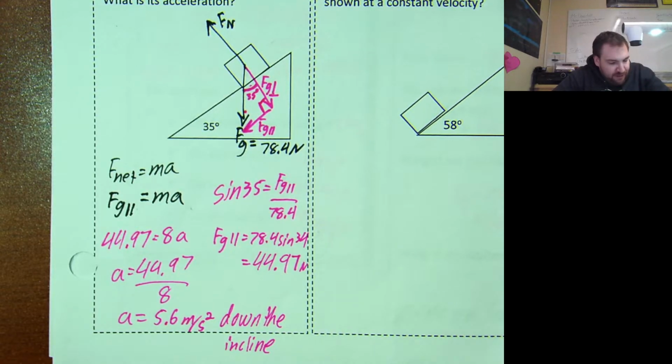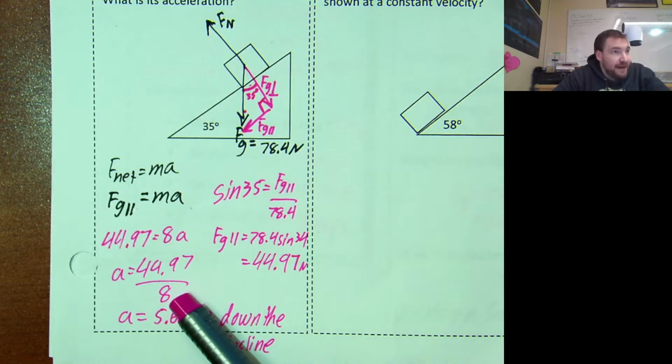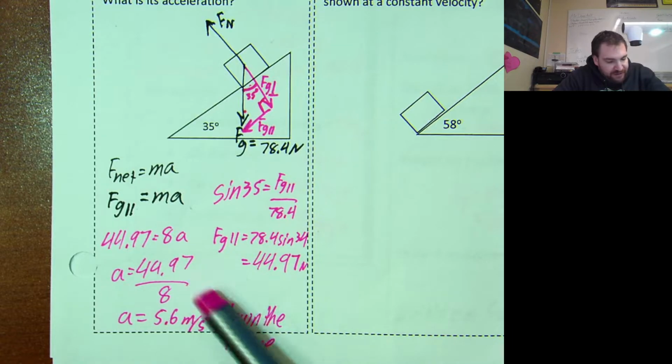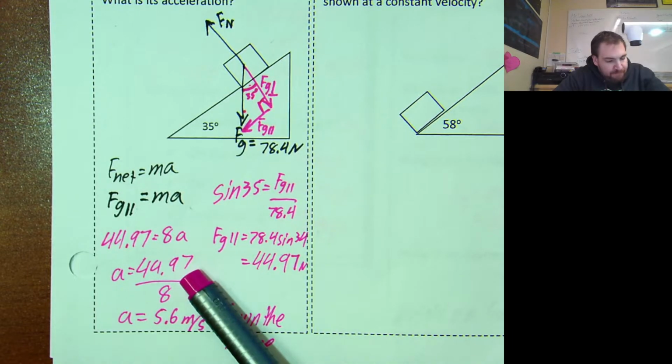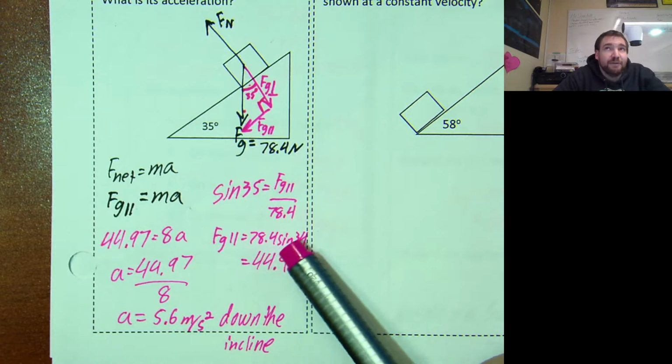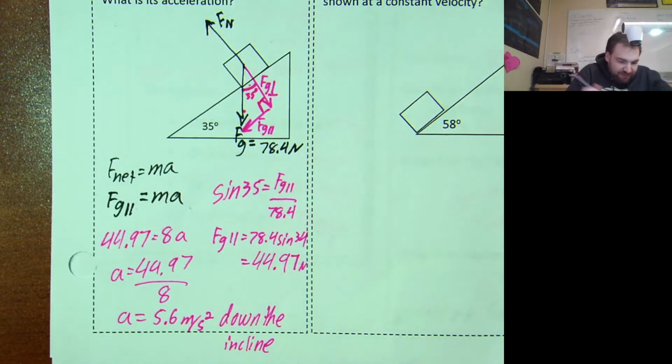This 8 here is the mass. I'm dividing by the mass, right? Where did this 44.97 come from? It came from the angle. And? It came from the opposite. Yeah, but okay, so it came from here. The 78.4 sine 35.